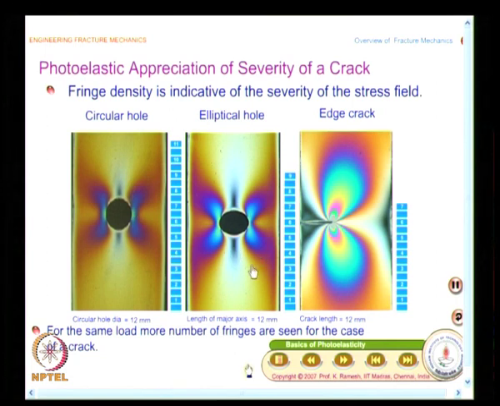So, one way we could take advantage of this is, we are going to develop stress field equations in the vicinity of a crack, and we need to verify whether those equations are correct. What we could do is, from the analytical equation get sigma 1 minus sigma 2, plot them and compare with the experimental result and ensure whether our solution is correct.